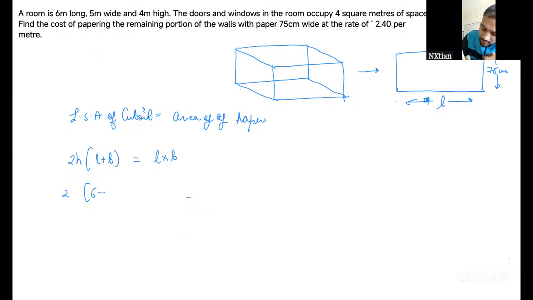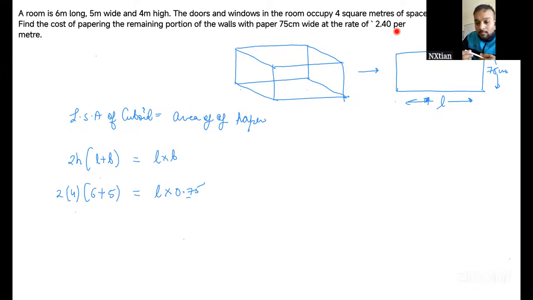I will write h also. 2 into 4 plus 6 plus 5 is equal to length, which I don't know, and breadth, which is 0.75. Why did I take 0.75? Because 75 centimeter is given, I have to convert it into this. When you solve it, you will get the length and you have to multiply it simply with 2.4.